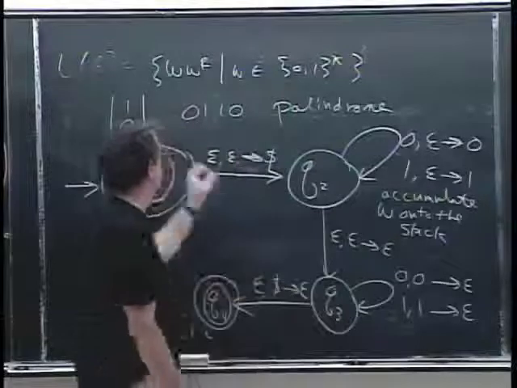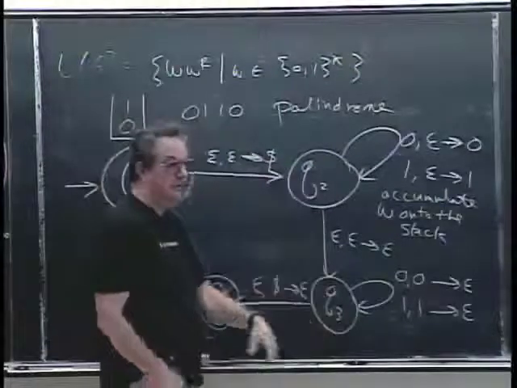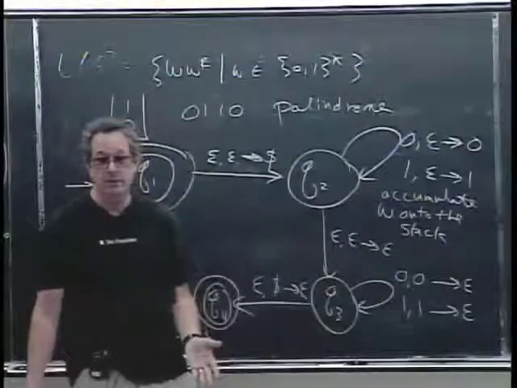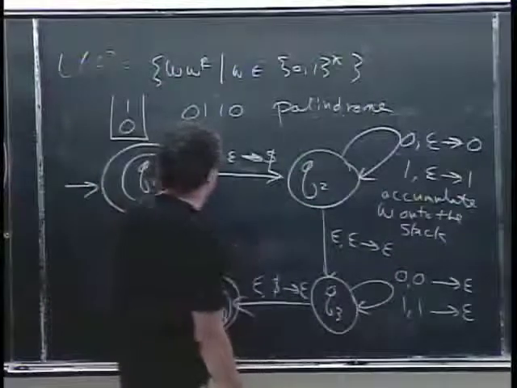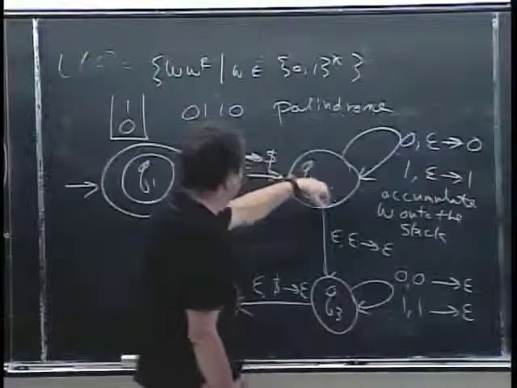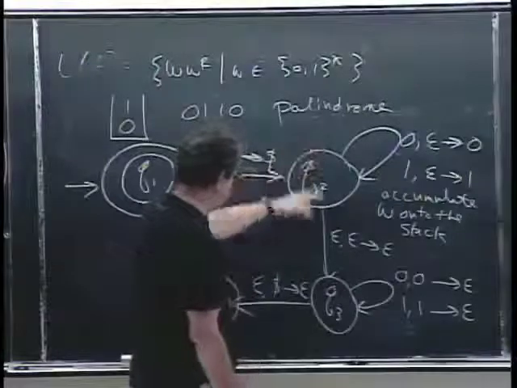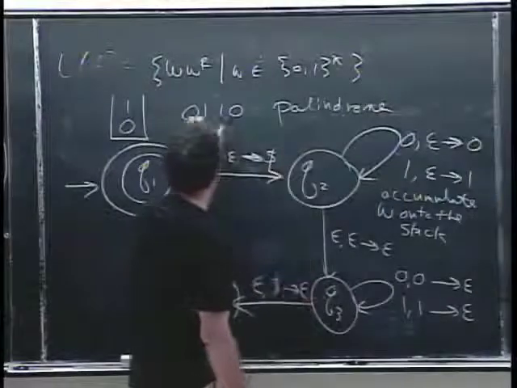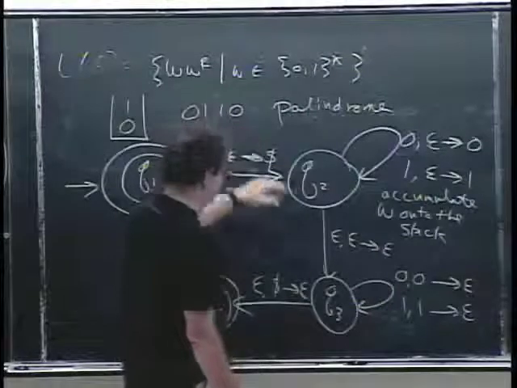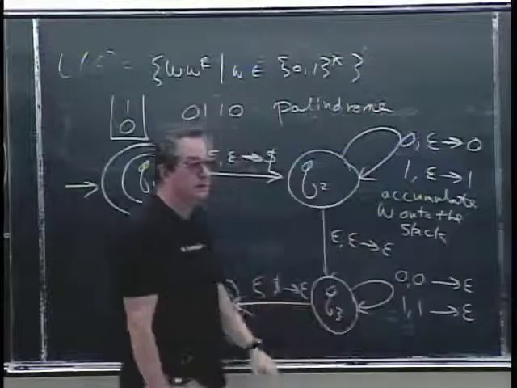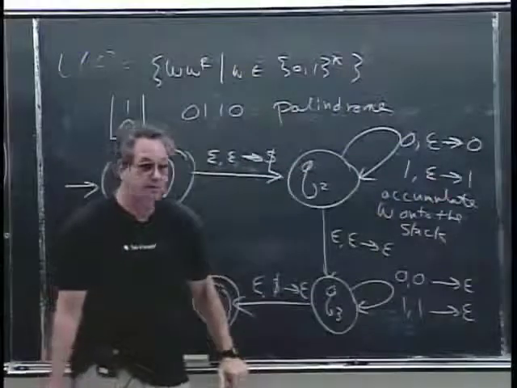And the computation that reads 3 symbols first before it goes down will also fail or die. How would that happen? It reads the 0, it reads the 1, it reads the 0, it stacks that, it comes down here, and now it's reading a 0 and looking at a 1 on the stack, and it dies. Okay.